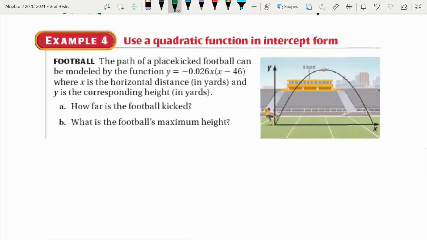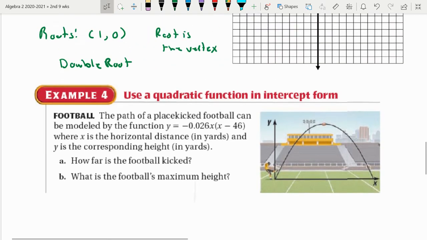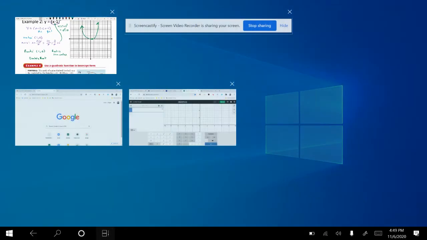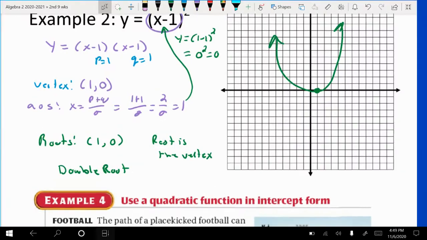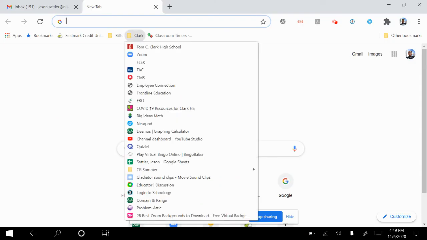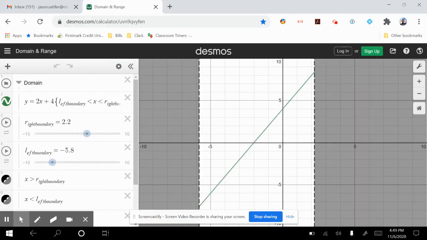All right, next one here. Word problem. But before we go to that word problem, let's look at something. Let's use one of our tools. Let's use Desmos. All right.